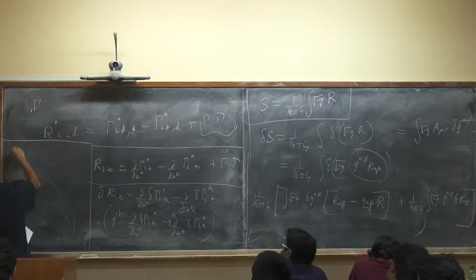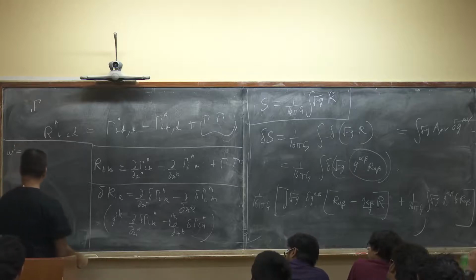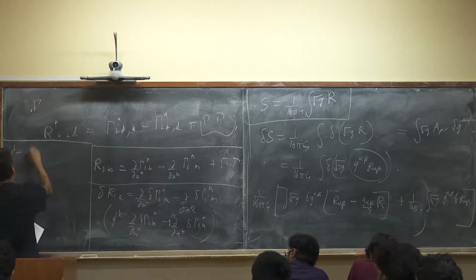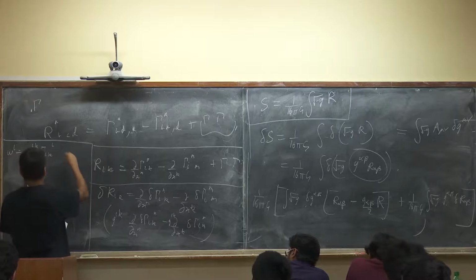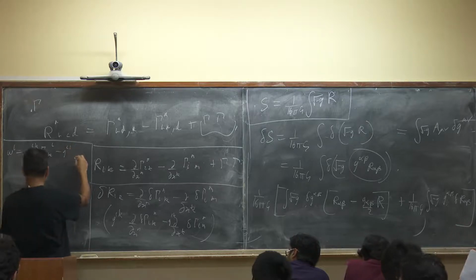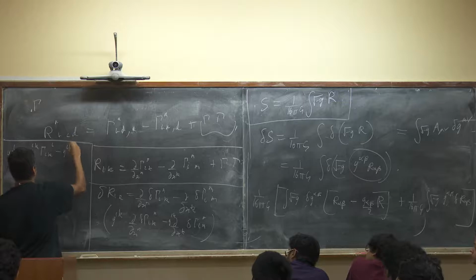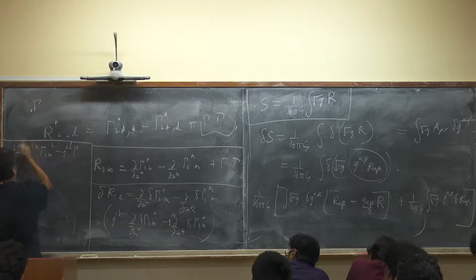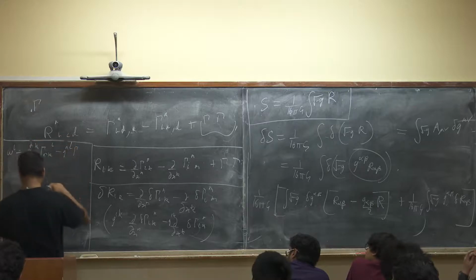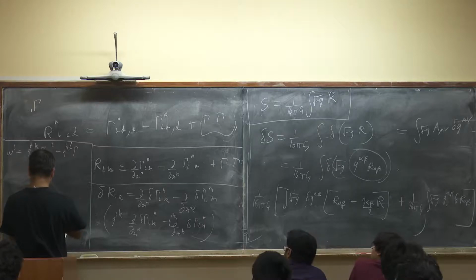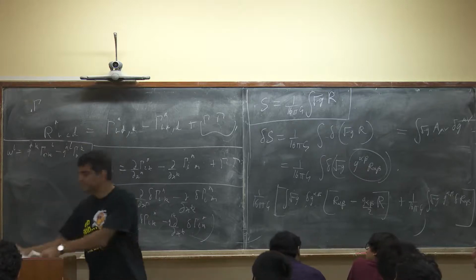Suppose you define the following vector, W_L is equal to g^{ik} gamma_{ikL} minus g^{iL} gamma_{il}, oh my, every time I have an i, I'll make it an n. g^{nL} gamma^k_{nk}.